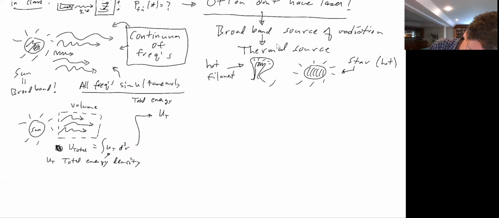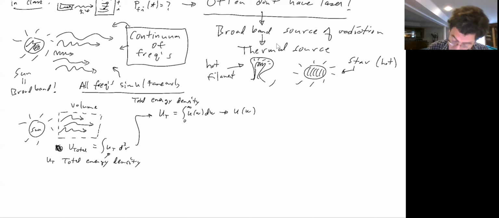Then I can say, well, the total energy density I can also write as an integral of the energy density at different frequencies, from 0 to infinity, d omega, where u of omega is equal to the energy density per frequency, energy per volume per frequency.